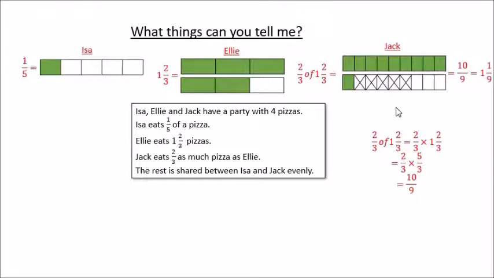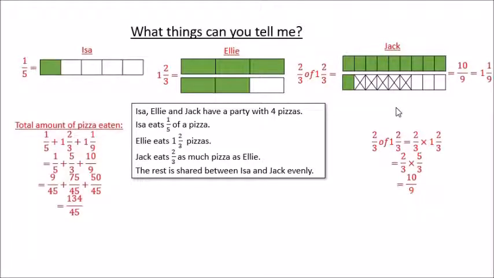Alright? Something else we could do is find out the total amount of pizza that has been eaten so far. In other words, do 1/5, add 1 2/3, add 1 1/9. We've already seen that 1 2/3 is 5/3. We've seen that Jack eats 10/9. So if we add those together, we need a common denominator.